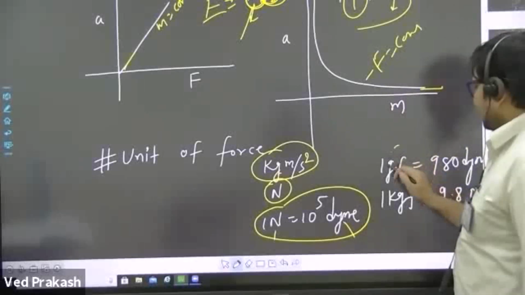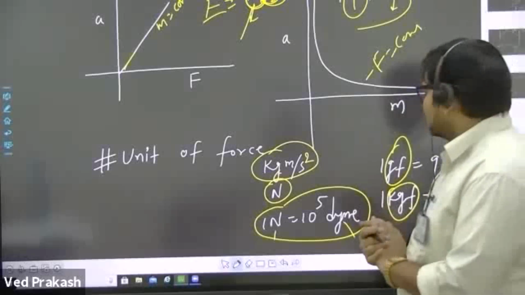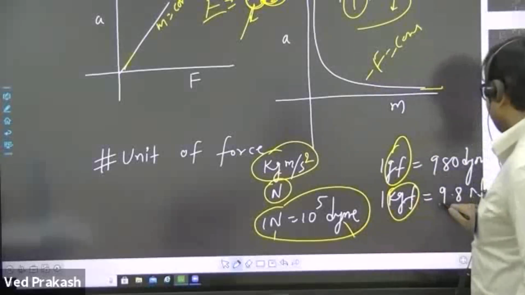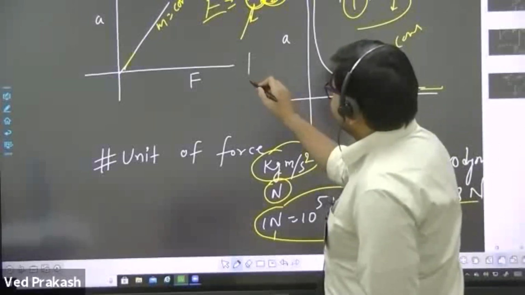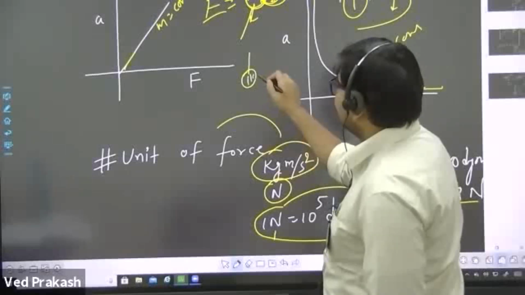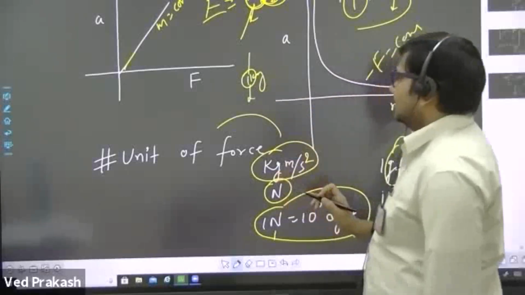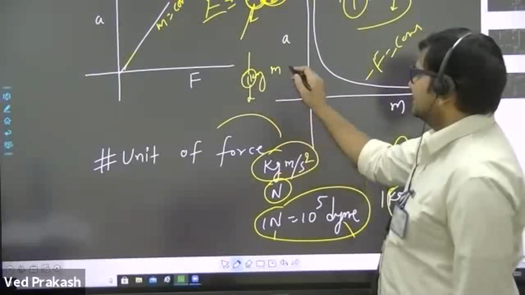Gram force and kgf are gravitational units of force. 1 kgf equal to 9.8 Newton. So what is 1 kgf? 1 kgf is the force with which Earth attracts any object having mass 1 kg towards its center. We all know that the force of attraction of Earth near its surface is mg.